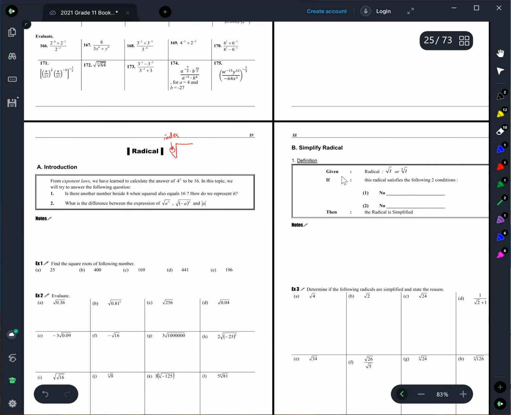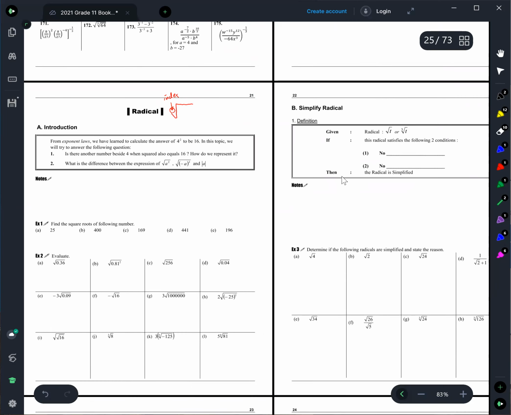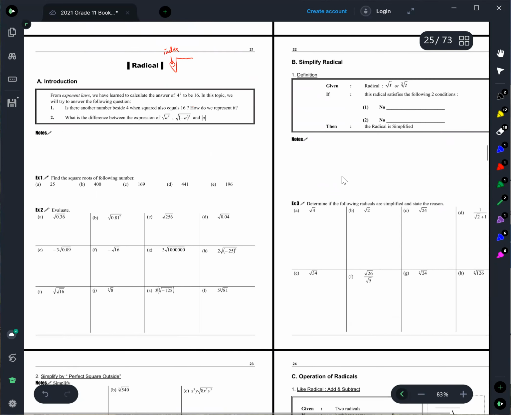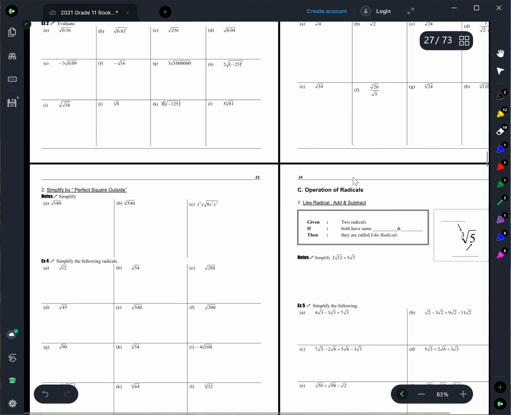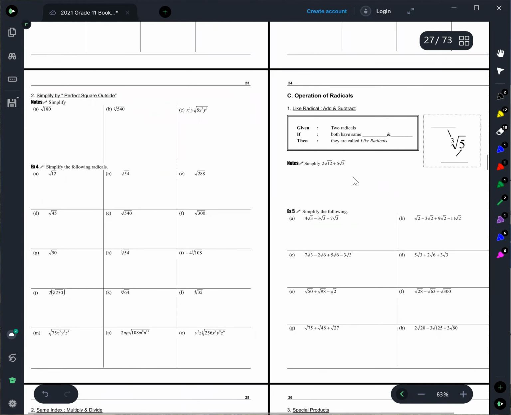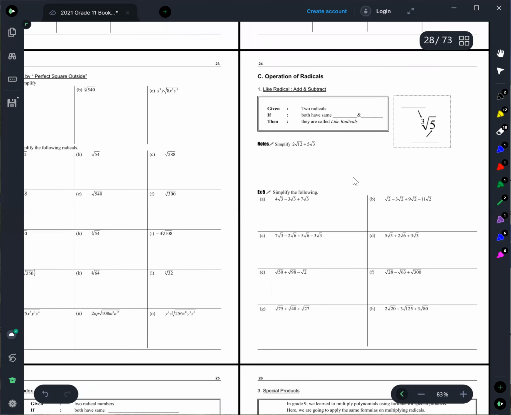So let's just quickly go through what kind of content is inside this chapter. So first we'll talk about some terms, okay? And then second part is how to simplify it, simplify radicals. And the part C is operation.